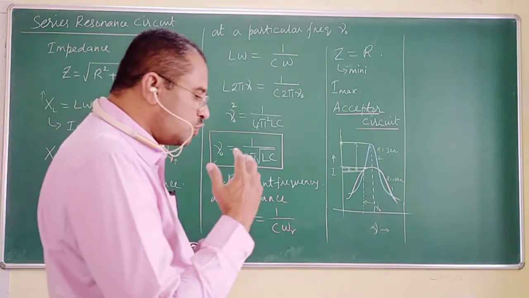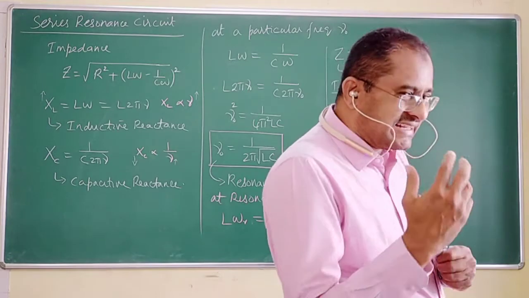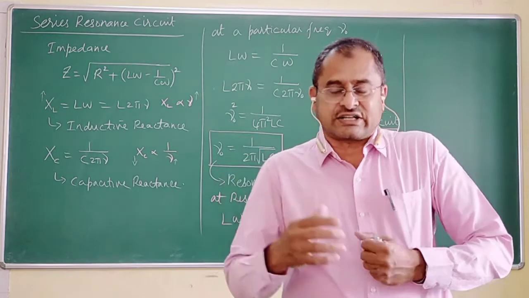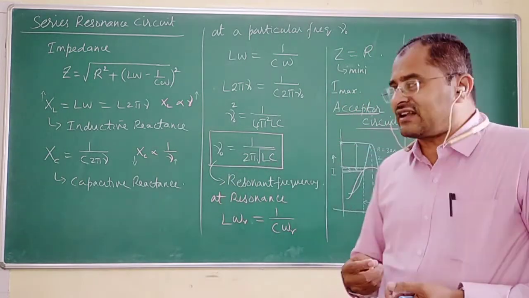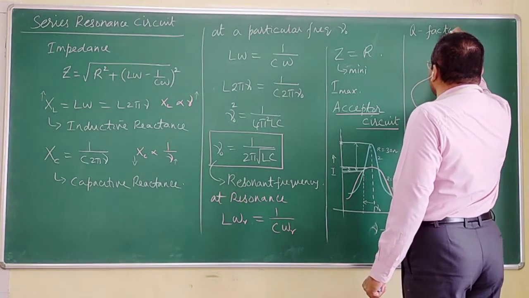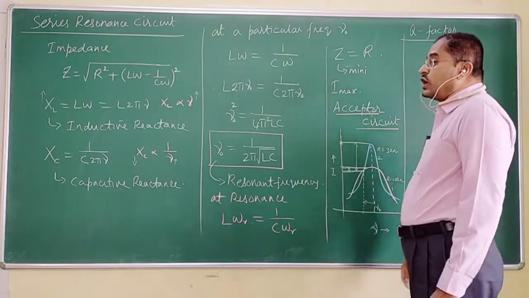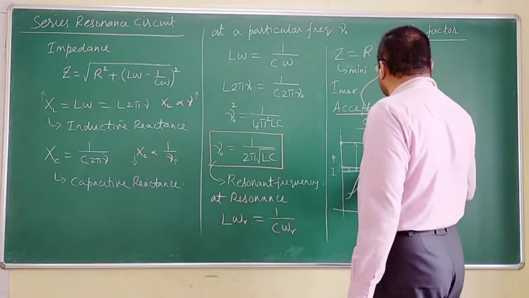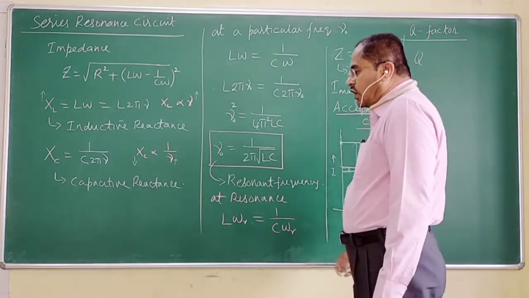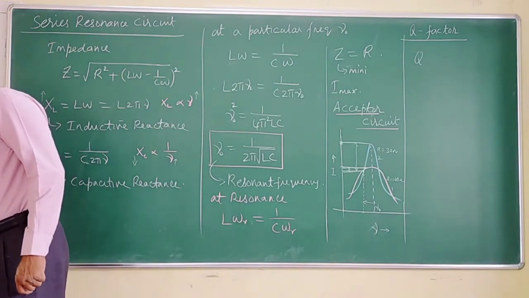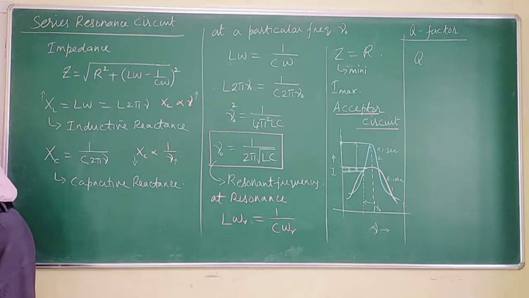Mathematically, to analyze the sharpness of resonance of an LCR circuit, we depend on a factor called the Q factor, also known as quality factor. How do we define it? The Q factor or quality factor defines the sharpness of resonance.